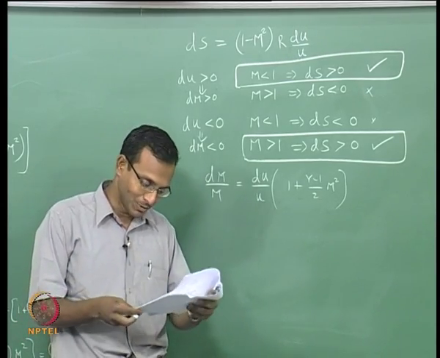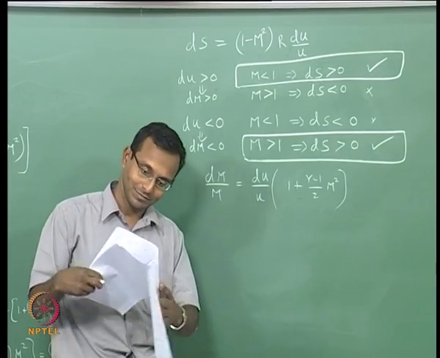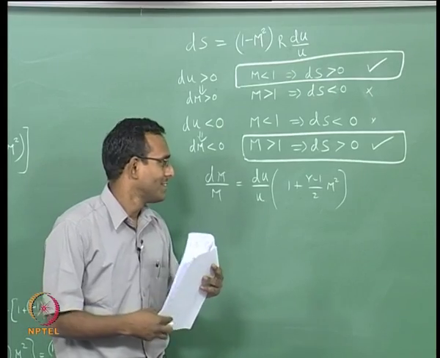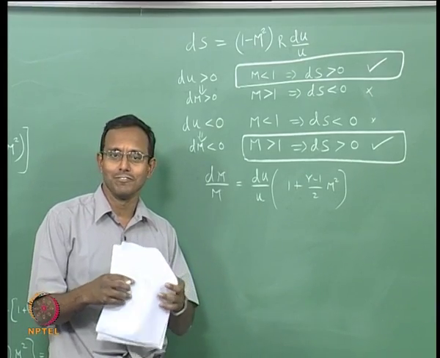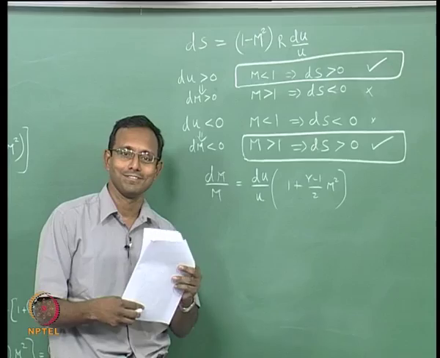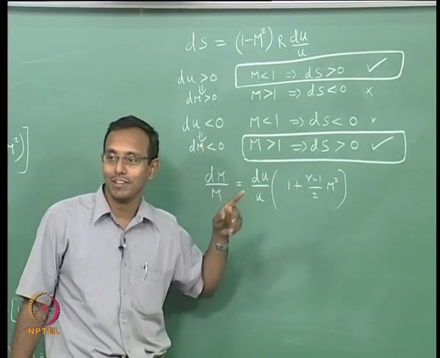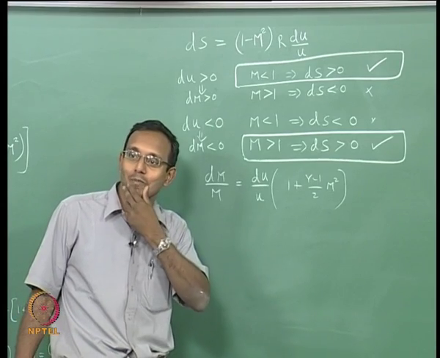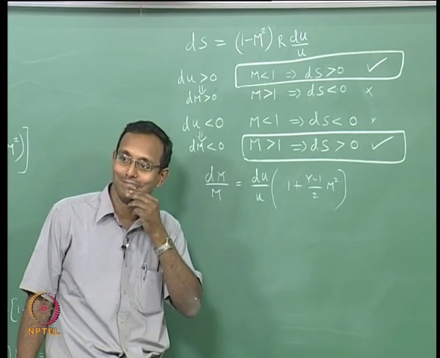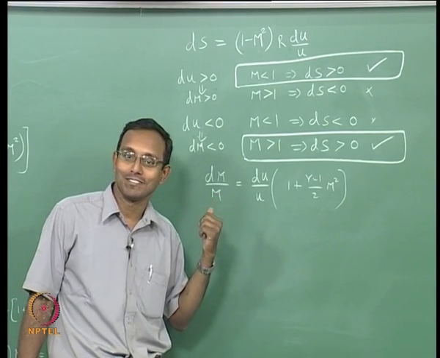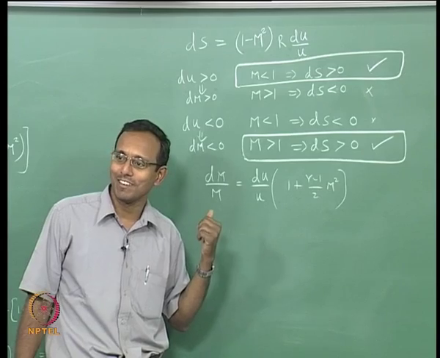M equal to 1 is a special situation like this. Now in this whole analysis, did I ever say anywhere how much the friction is? Whatever we did till now, up to entropy, I did not use my momentum equation at all. But I got to a point of what is possible and what is not possible. Am I doing something wrong somewhere?